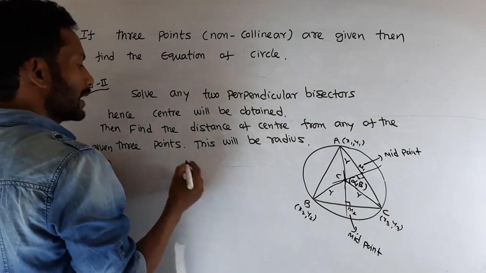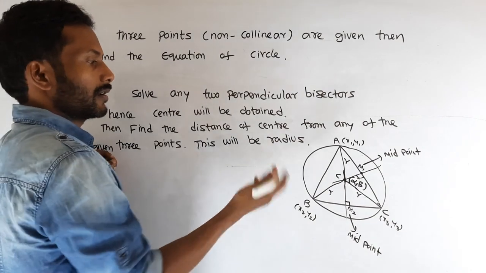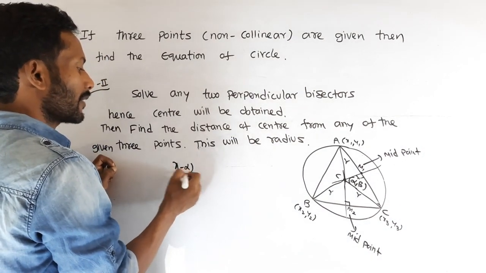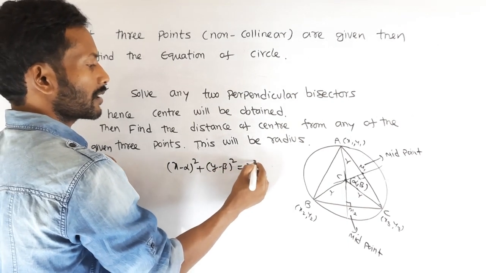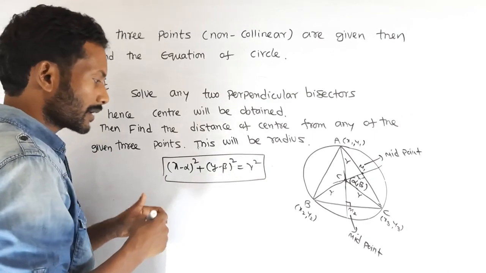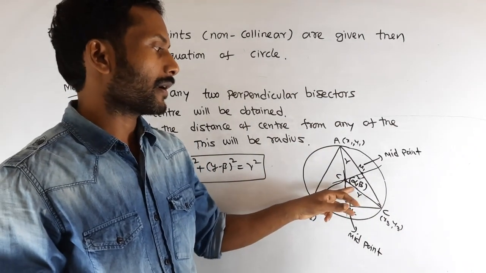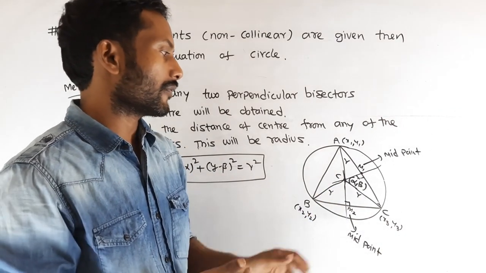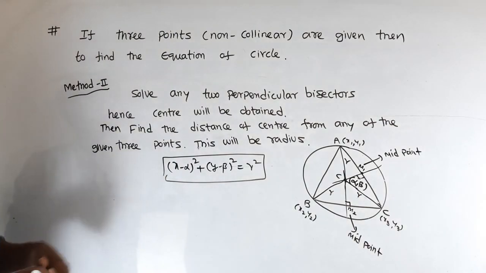So center available, radius available, we can find the equation of circle. X minus alpha whole square plus y minus beta whole square equal to r square. This one is the equation of the circle, where alpha comma beta is the center of the circle. Here alpha comma beta is a point of intersection of two perpendicular bisectors. This is method 2.